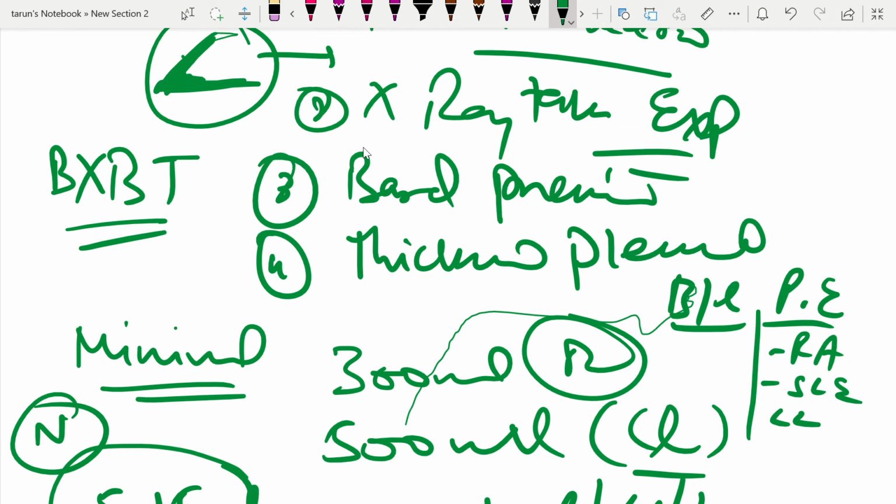So the causes of bilateral pleural effusion are rheumatoid arthritis, systemic lupus erythematosus, lymphoma, leukemia. Then you can have bilateral tuberculous pleural effusion, pulmonary infarction, and multiple pleural metastasis.